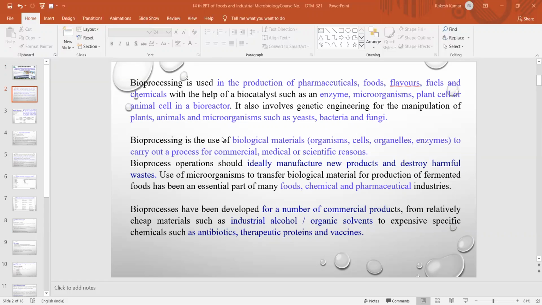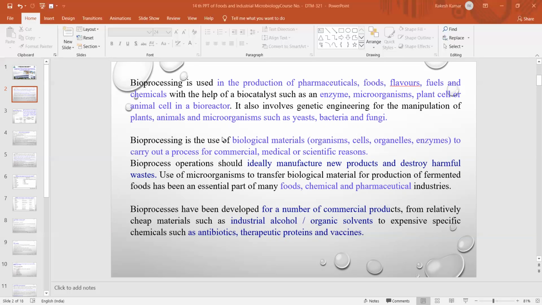So different types of microorganisms, as all of you know, are the heart of any sort of bioprocessing method. Just by utilizing those organisms, you can create a particular type of processing inside a chamber, inside a vessel, and just by doing that, you can produce a typical type of end product.